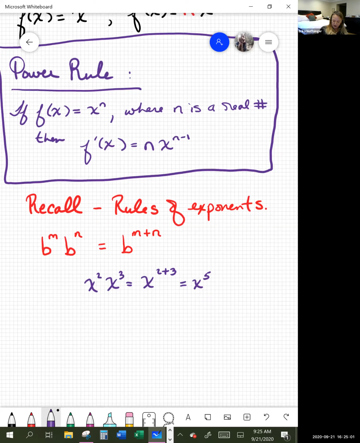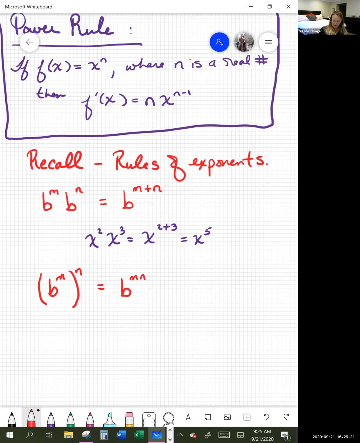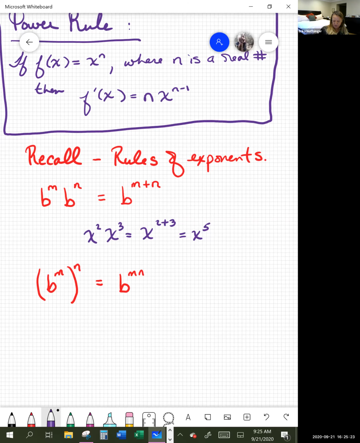So power to power. If I had b to the m power, and then this was all raised to the nth power, power to power, you multiply the exponents. So b to the m times n power. For example, maybe x squared all raised to the 4th power. This would be x to the 2 times 4 power, or x to the 8th.